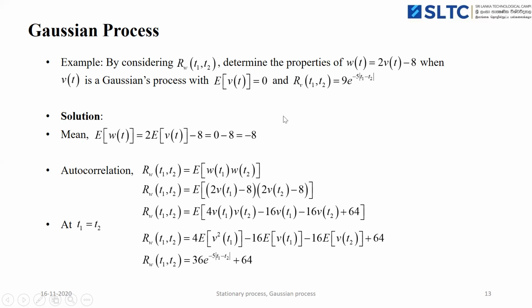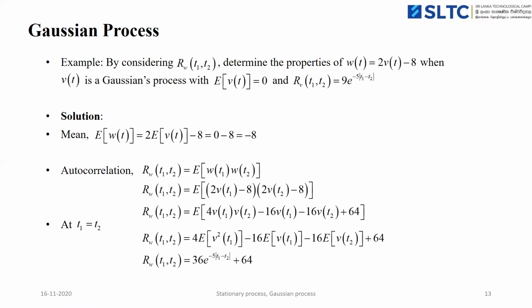So only a constant is coming as the mean value. Why are we getting minus 8? When taking the expectation of a constant, it remains the same value. So that's why the expectation of W of t equals minus 8.